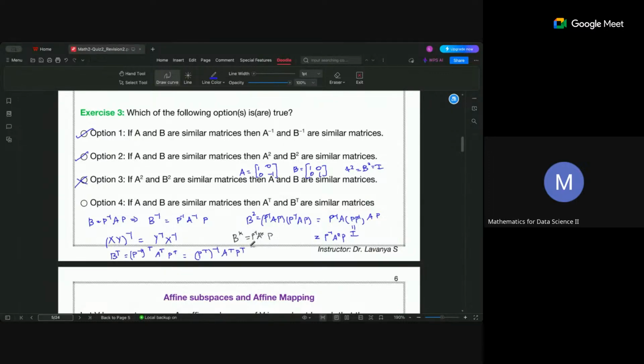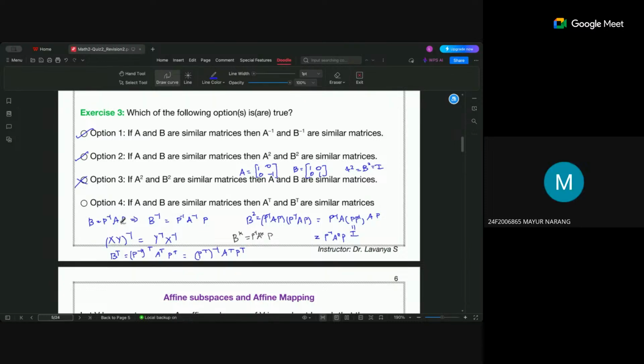Excuse me, ma'am. In the second exercise, similar matrix means determinant not equal to 0 means they are similar, ma'am? No, I never said any condition like this. B equal to P inverse AP is the condition for similar matrices.